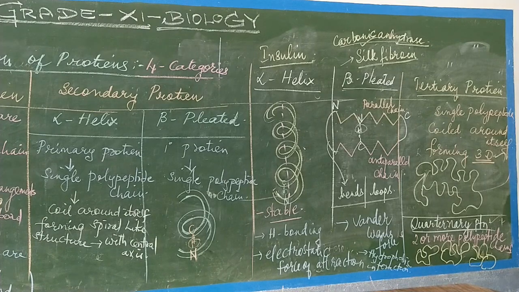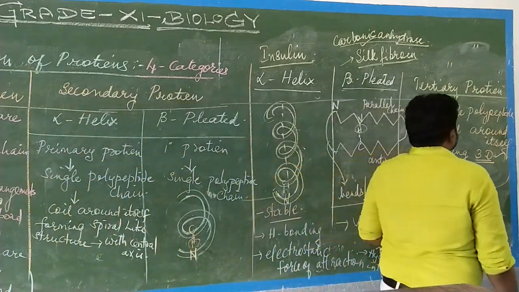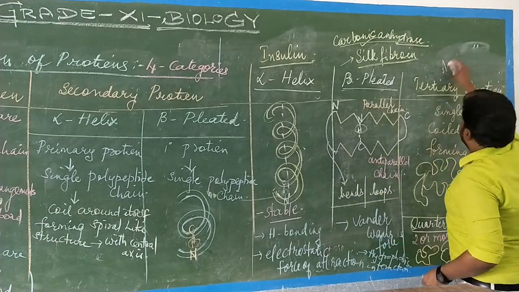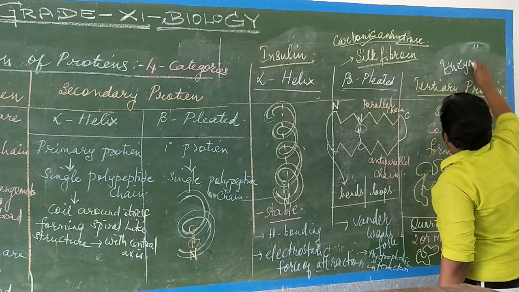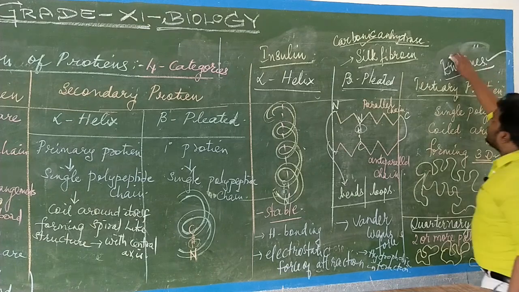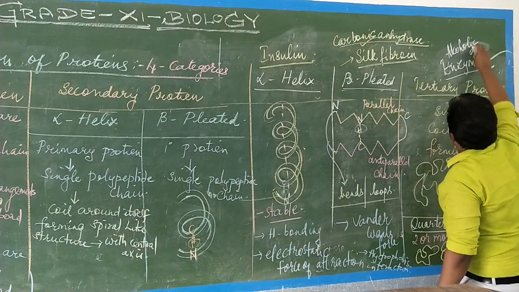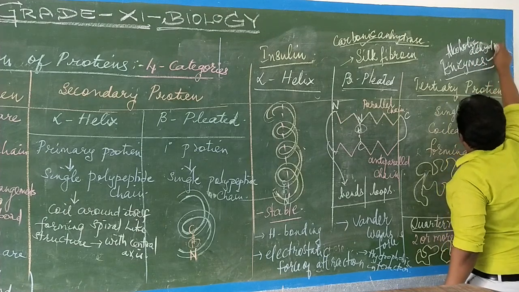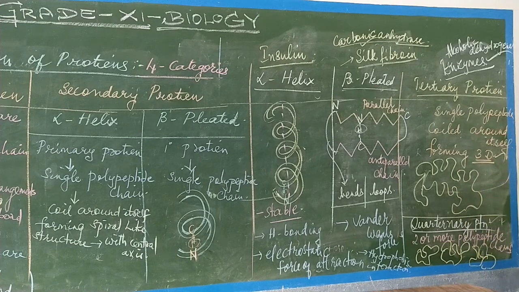So just remember the examples. For tertiary protein, most of the enzymes are tertiary proteins. Example, alcoholic dehydrogenase is an example for the enzymes that come under tertiary protein.